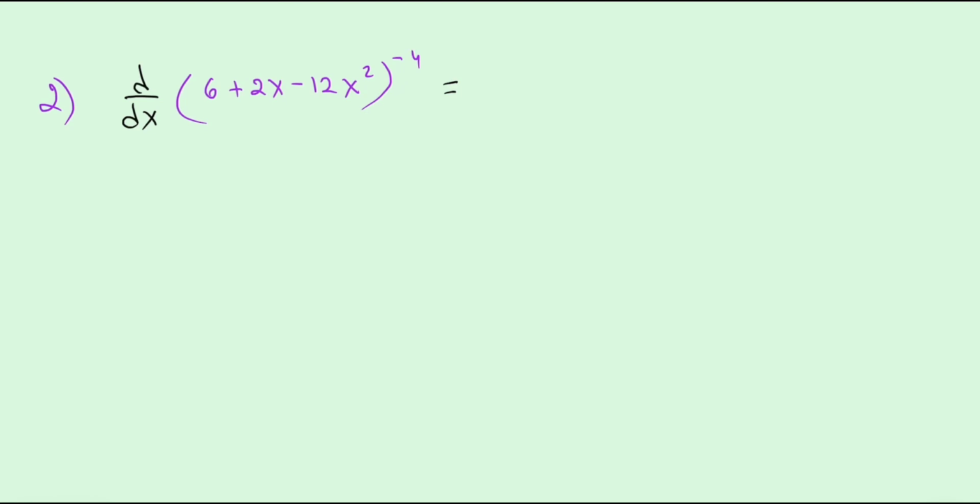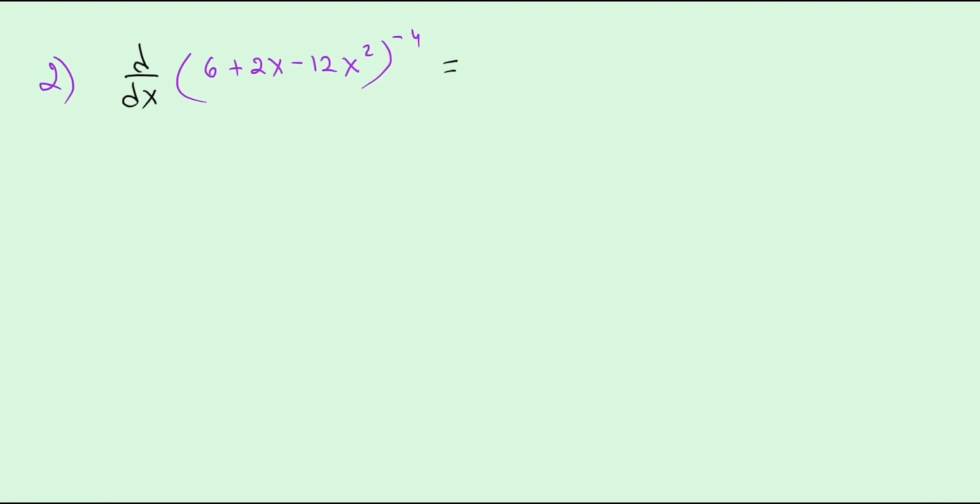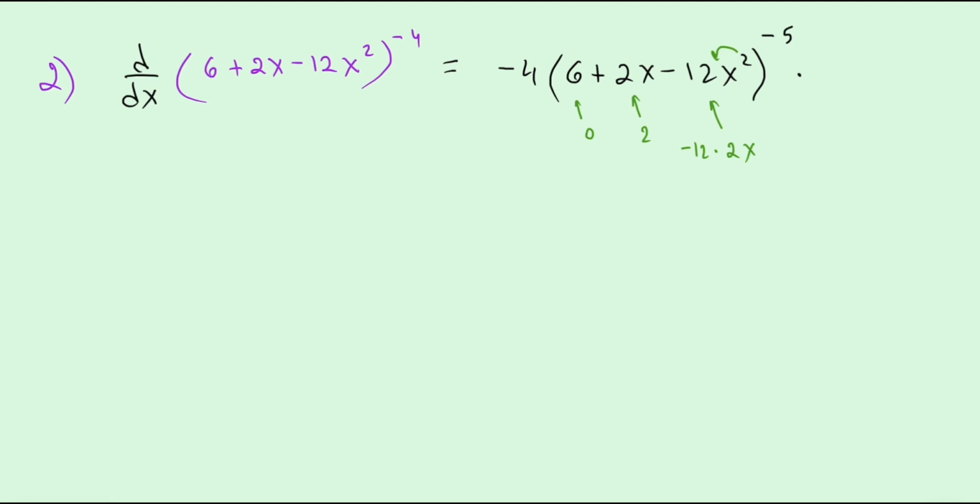This would use the chain rule as well, and we're going to bring down the power, and we're going to get negative 4, 6 plus 2x minus 12x squared raised to the negative 4 minus 1 power, which is negative 5, times, now we're going to derive the inside function, and this would be 0, derivative of 2x is 2, derivative of negative 12x squared is, we're going to bring this down again using the chain rule, and we're going to get negative 12 times 2x raised to the first power. So we will get times 2 minus 24x.